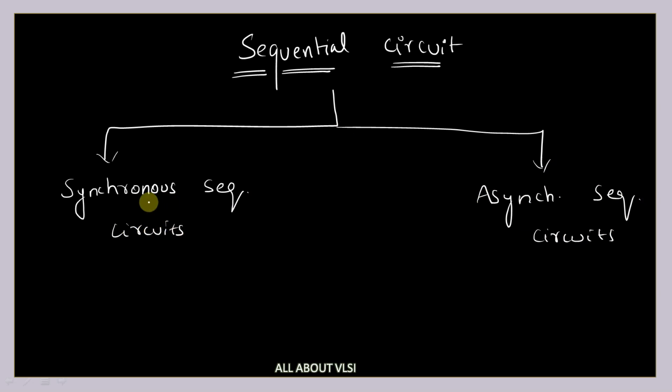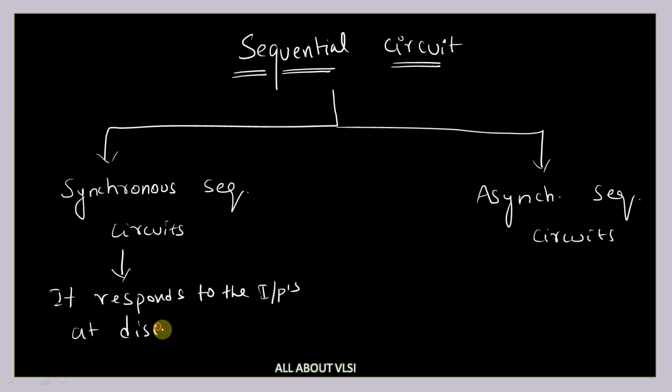So what do you mean by synchronous sequential circuits? Synchronous sequential circuits are nothing but circuits which respond to the inputs only at discrete time intervals. Whereas in the case of asynchronous sequential circuits, the output immediately responds to the input level changes.